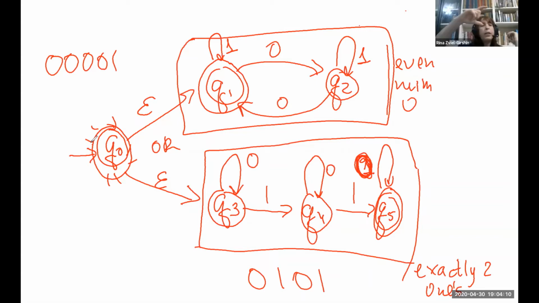When you have several possibilities to build something and something else. If I have to build an "and", which will be our next case, I sometimes have to construct states together.